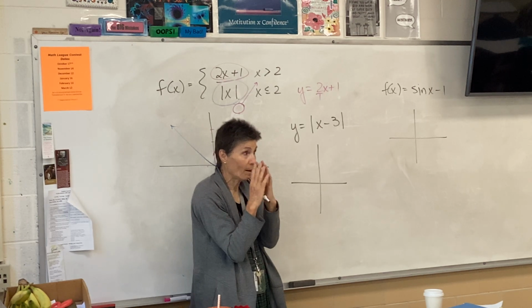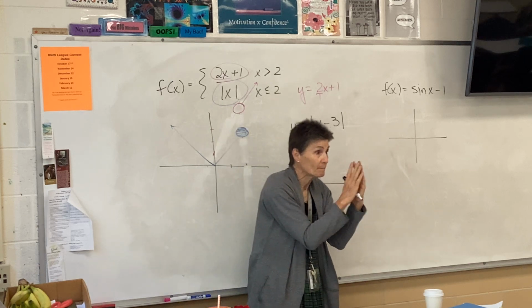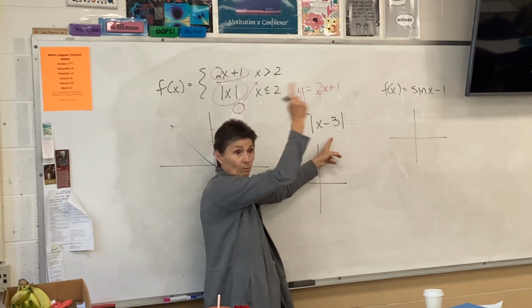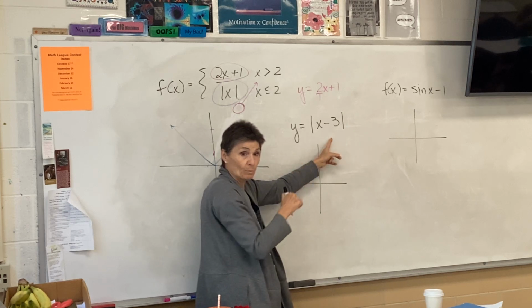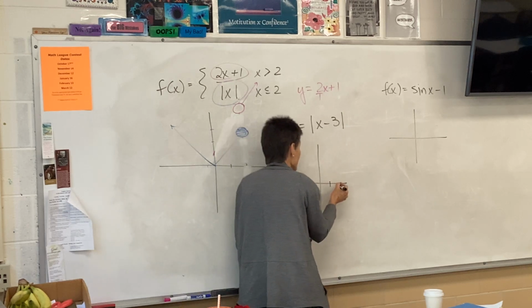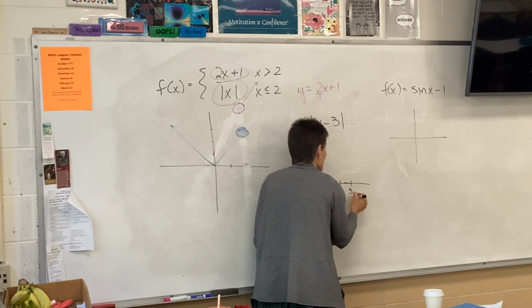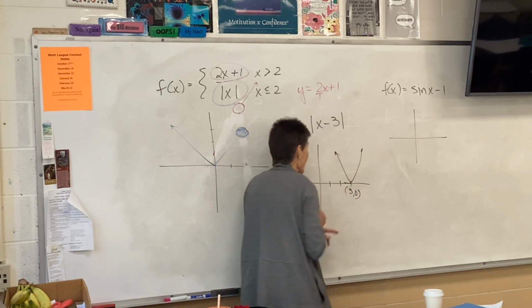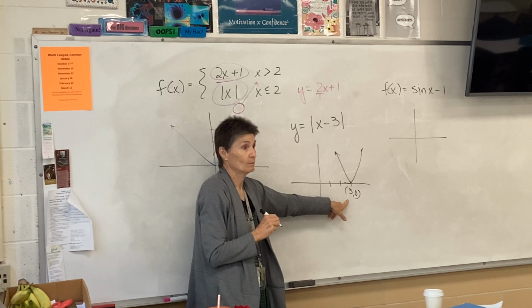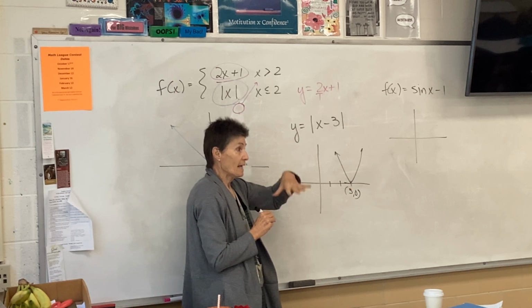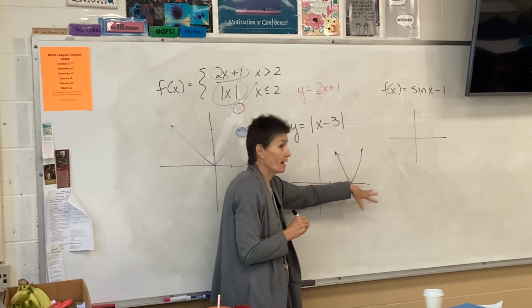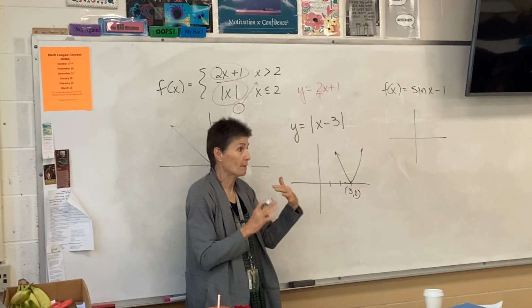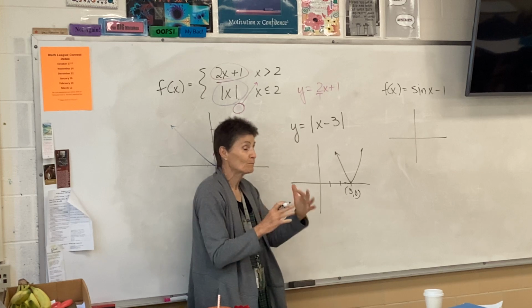When it's inside the problem, it means we are moving to the left or right. And since it's -3, we're going to move to the right. So our V that used to be at the origin is now at the point (3, 0). Label your starting point, guys, unless it's the origin. You don't have to label the origin, but any place you move your picture, you should label that.